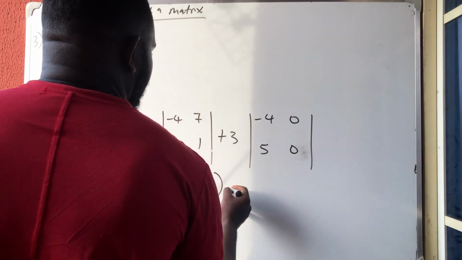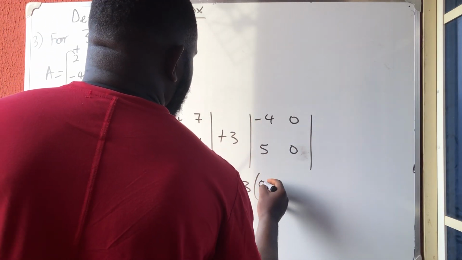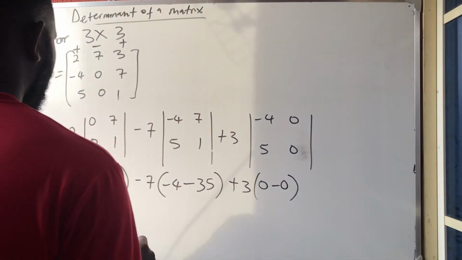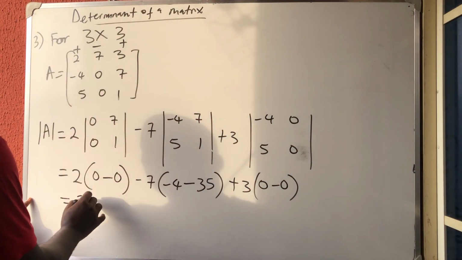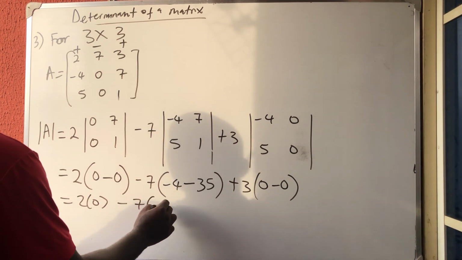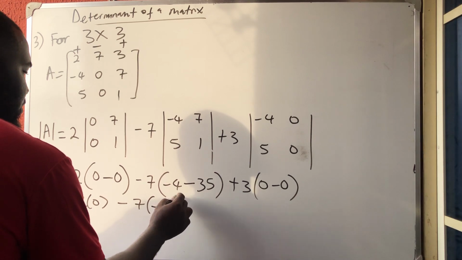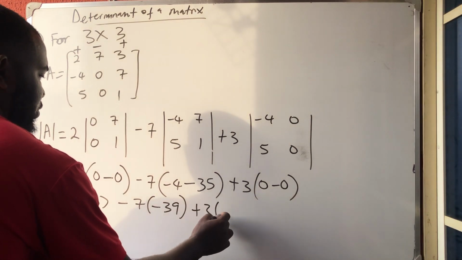Okay, so what do I have? Plus 3 left again, right? Anything times 0, 0 minus 0. So what do we have now? We are having 2 bracket 0 minus 7 into minus 39. Okay, then plus 3 into 0.